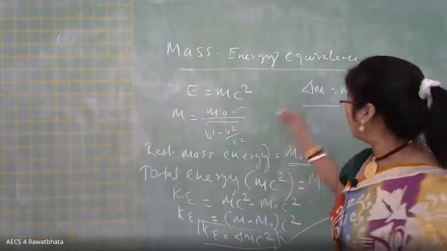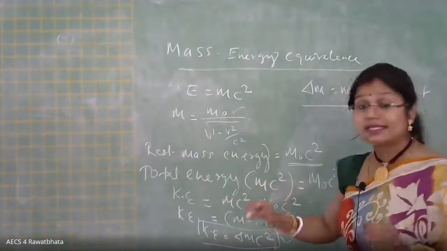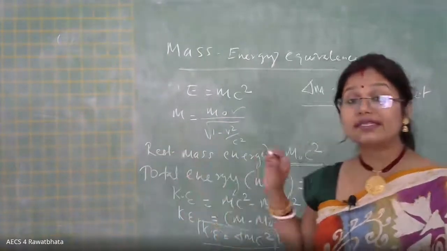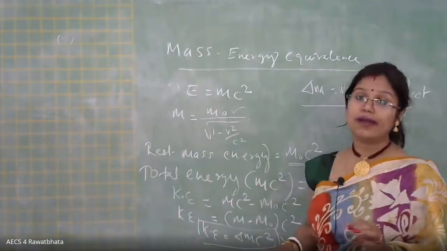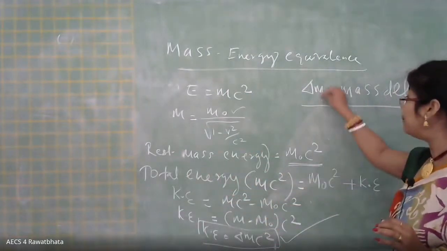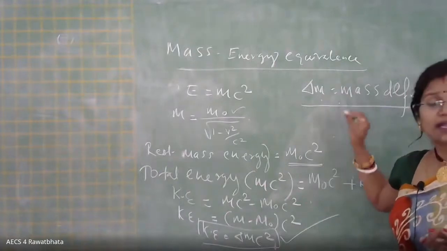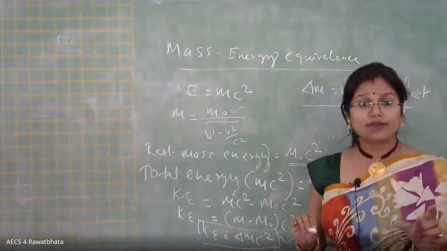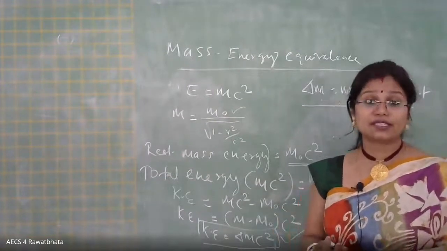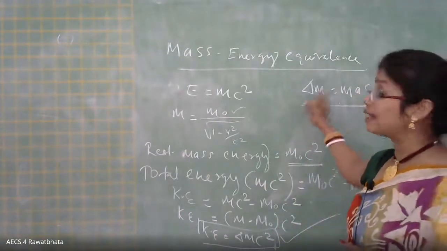Since c is the speed of light, this quantity c square is making it huge, dear. So this part is very, very important. This mass defect delta m is being converted into energy. Whatever mass defect will be there will be converted into energy, and we get the expression delta m c square.